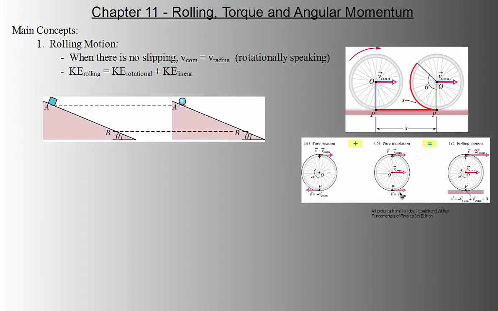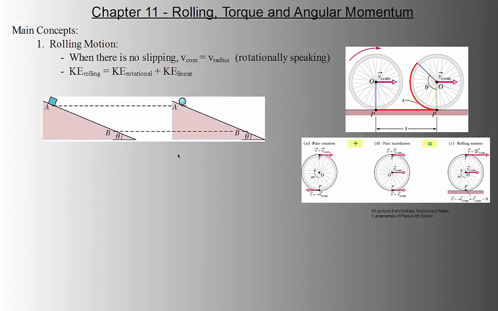They're opposite directions, 180 degrees opposite of each other. And so when you add the two together vectorially into rolling motion, you get v_com and v_com, so you get two v_coms. Here you get nothing and v_com as just v_com, and here negative v_com and positive v_com cancel out. So this is just what you would see if you're looking on the side.